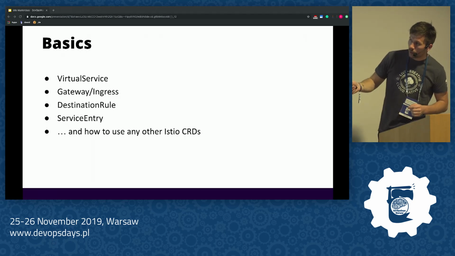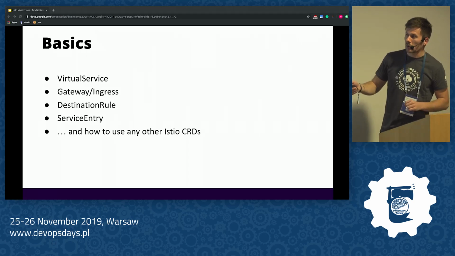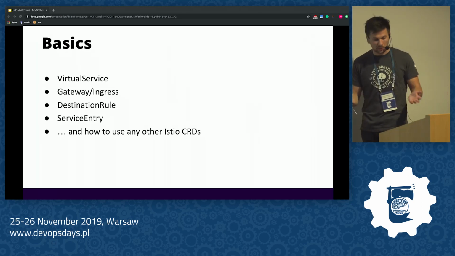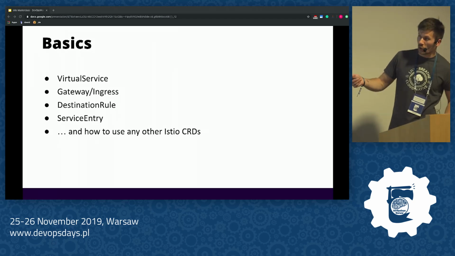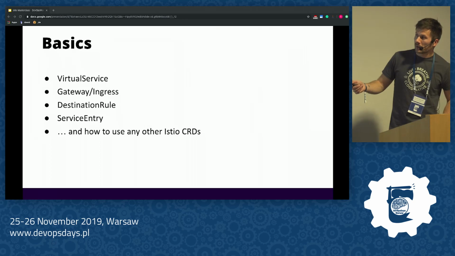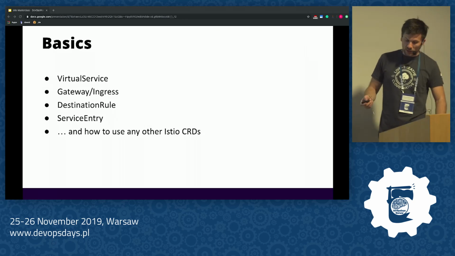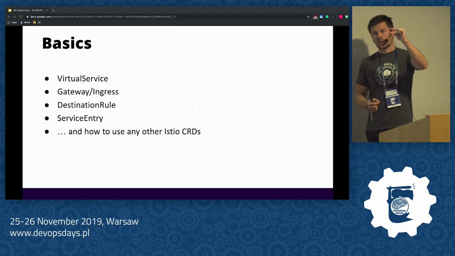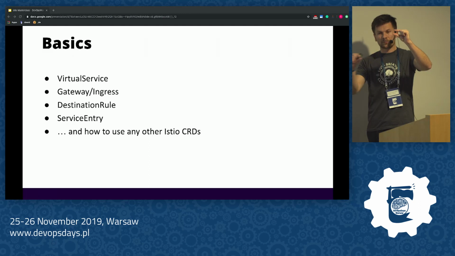Then gateway replaces ingress. That one you probably deploy once to have a gateway, or maybe twice if you want a gateway for testing, but normally you would just deploy it once and have it always. Destination rule is used to instruct Istio how to route the traffic from service to containers.